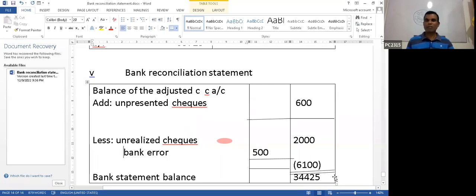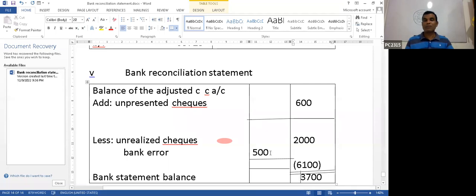Here you see the closing balance, the given bank balance, is 3,700. Now if this error is not committed by the bank, it should be 5,700, because this 2,000 was deducted from the bank balance.